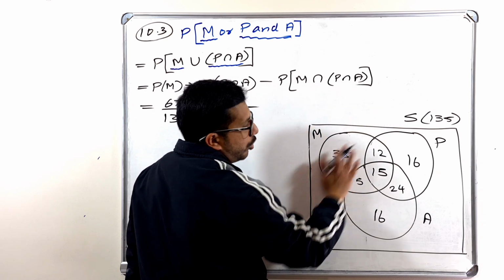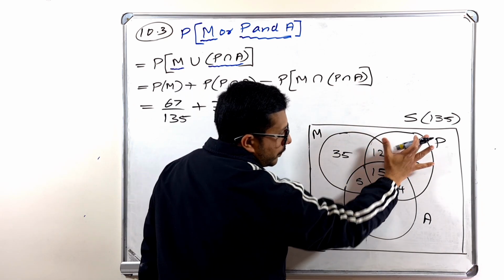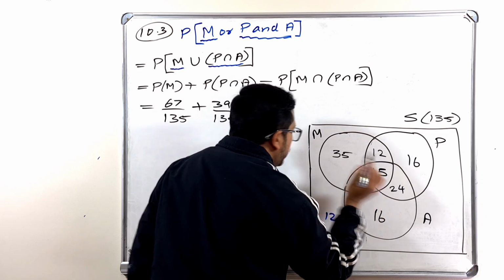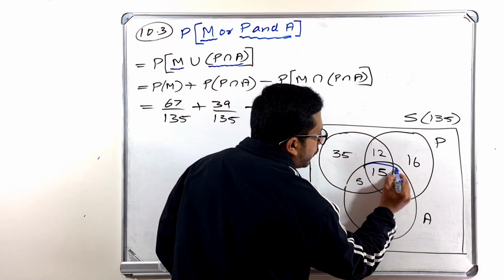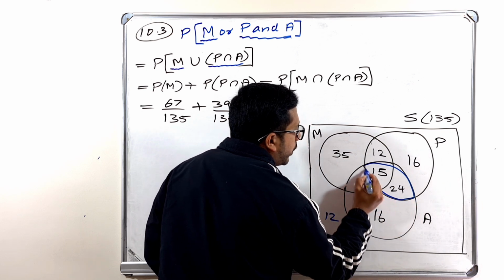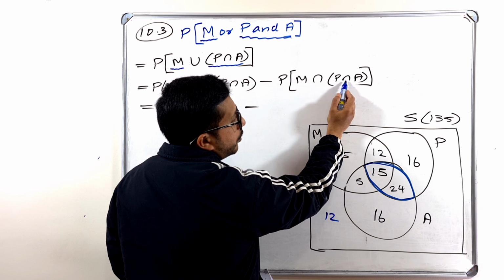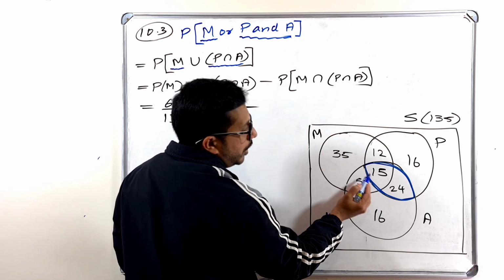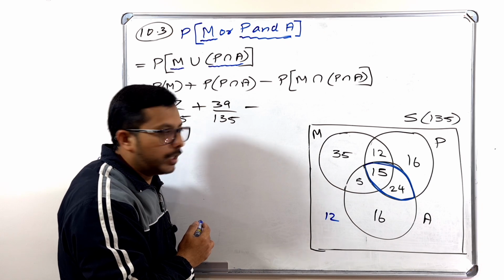Which part is the common of physical science and accounting? Physical science is this one, accounting is this one. That means this part is common for physical science and accounting. Do you agree with that one? Intersection means common. So this part is common for physical science and accounting.